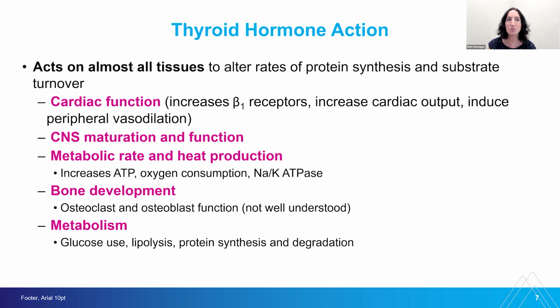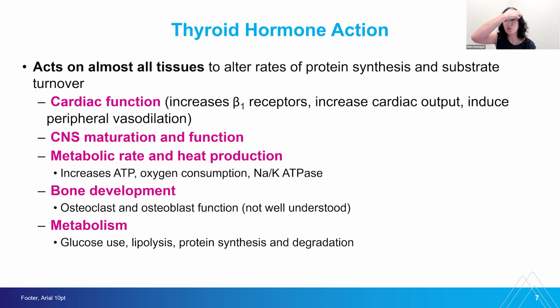Thyroid hormone acts, as we said, on virtually every tissue in the body to alter rates of protein synthesis and substrate turnover. Particularly, you'll see its effects at the cardiovascular level, so it increases beta-1 receptor expression, increases cardiac output, and induces peripheral vasodilatation.